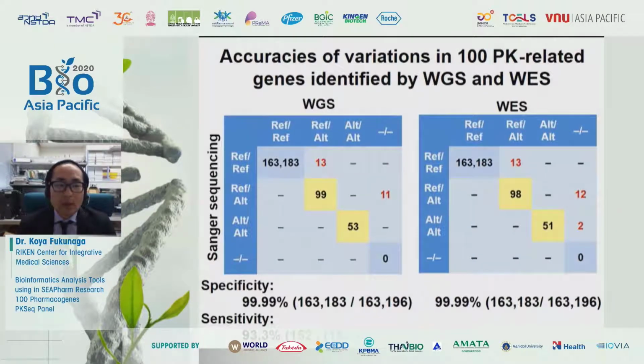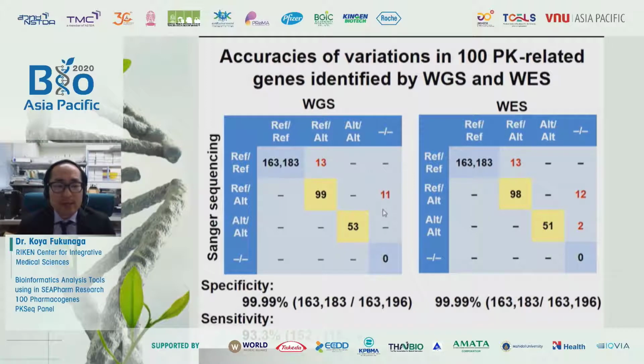On the other hand, after we sequenced one individual genome using WES and WGS, we compared these results with those of Sanger sequencing data. Following this, we calculated the accuracy of WES and WGS with Sanger sequencing using the same individual.